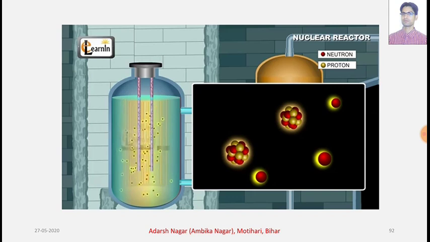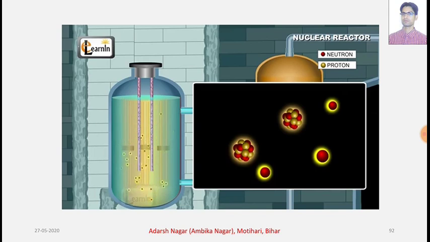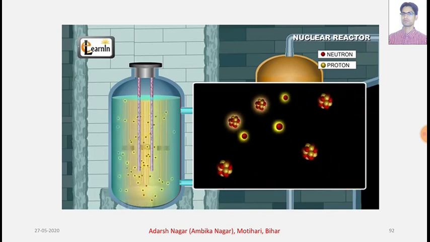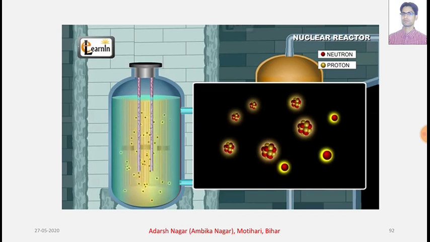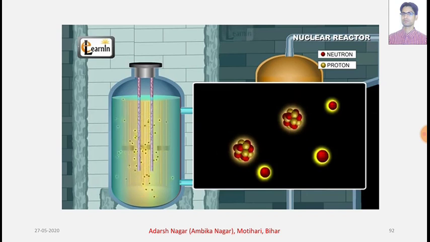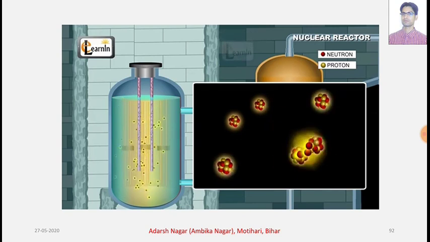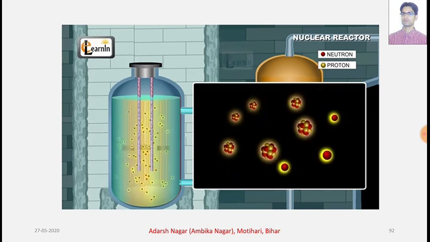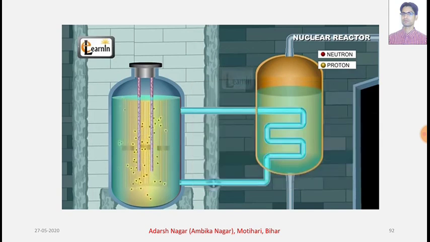Now you can see how it will split, that is neutron, 3 extra neutrons. We are getting 3 extra neutrons, 1 megavolt. Now again this strikes, again 3 more extra neutrons, again this will strike, again we will get 3 extra neutrons, meaning this is an uncontrolled reaction.